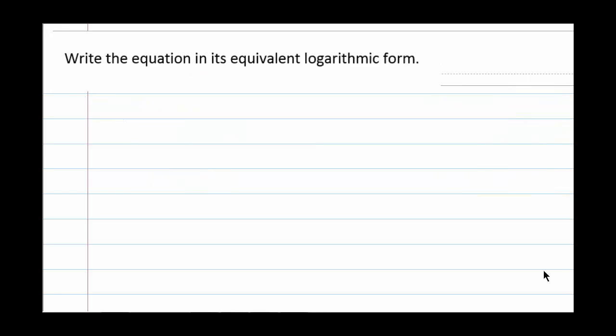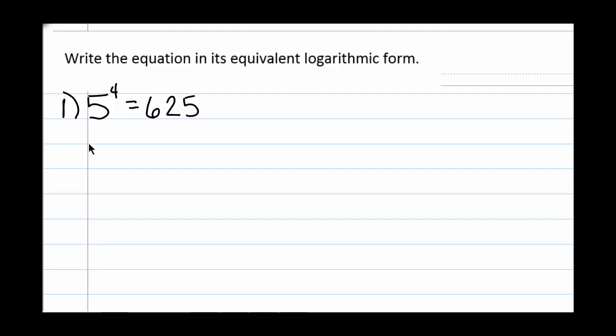All right, now we're going to do a couple examples where we're writing the equation in its equivalent logarithmic form. So if I have 5 to the 4th equals 625, now we're going to write it in its logarithmic form.